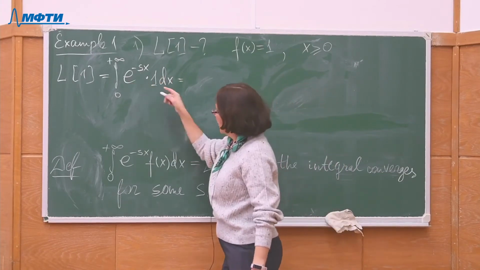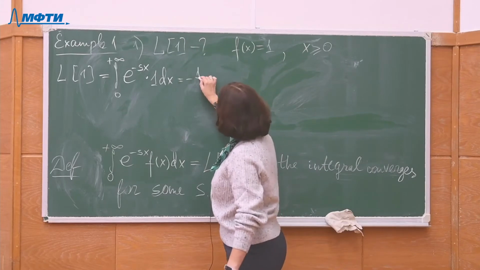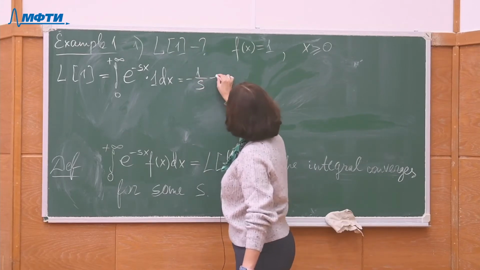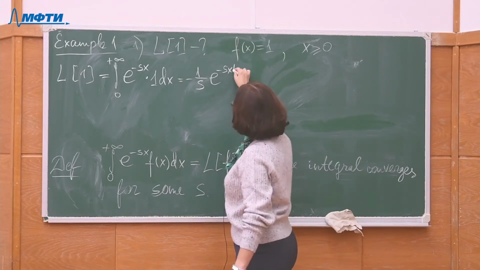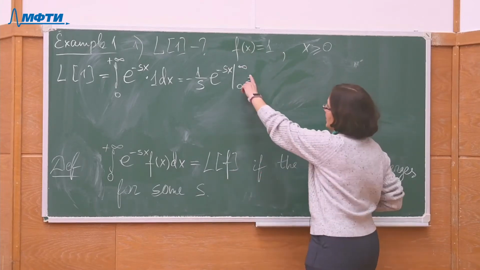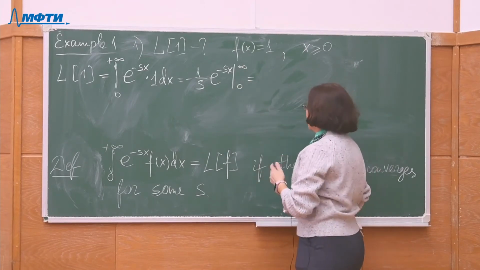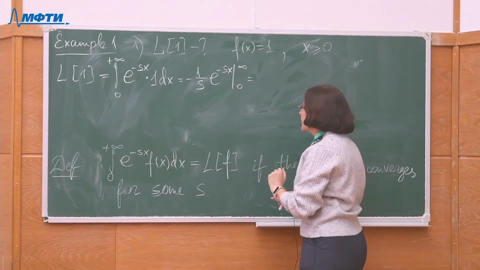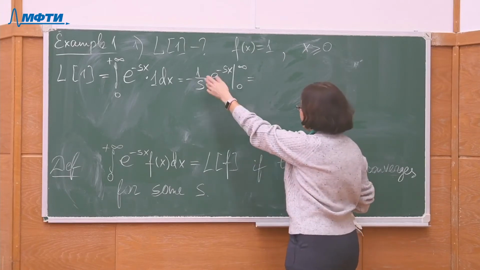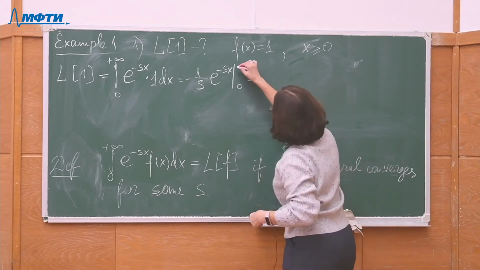So we need to compute this. It is equal to minus 1 over s e to the power minus sx from 0 to infinity. This is an improper integral, so the upper limit is considered as a limit.